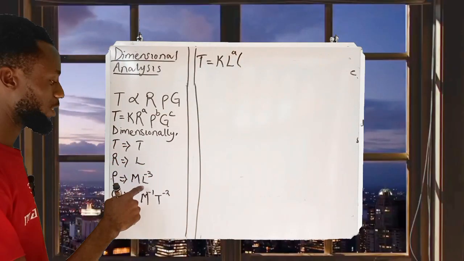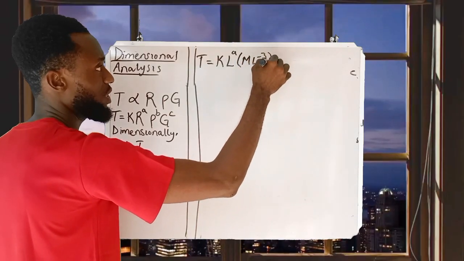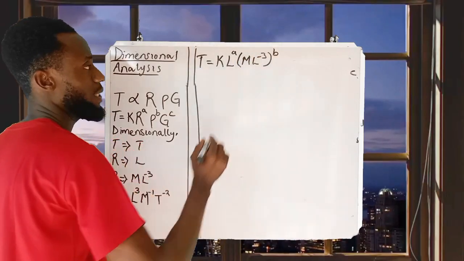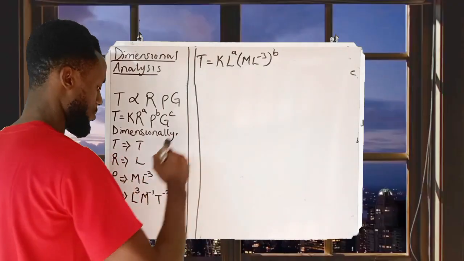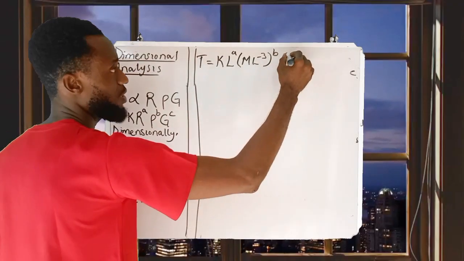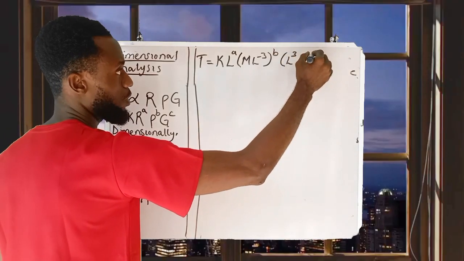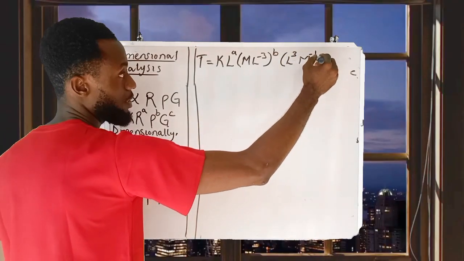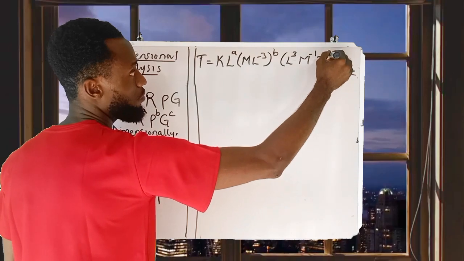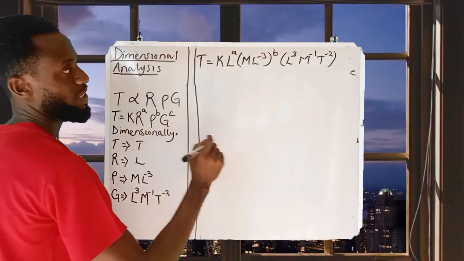The expression for density is M L raised to the power minus 3, so we are raising it to the power of b. And thirdly, for gravitation constant, we open another bracket and we infuse these values: L raised to the power of 3, M raised to the power of minus 1, and T raised to the power of minus 2, all raised to this power of c.